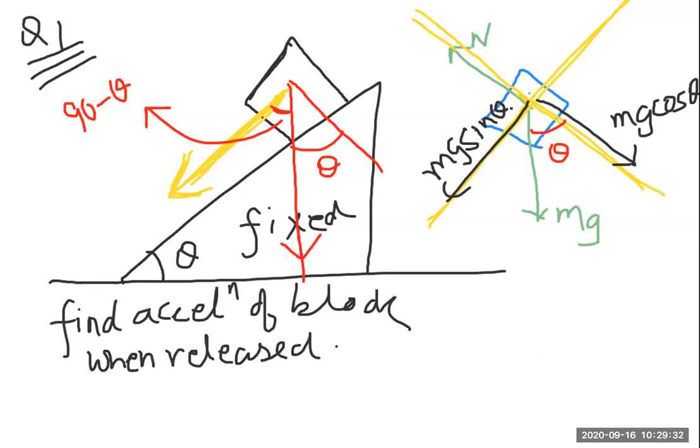Now, if along a particular axis you get only one force, this is very good because it means that whatever object you have in front of you will have a guaranteed acceleration along that direction. So I'll write this here.